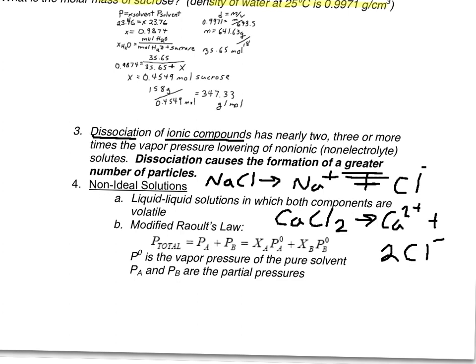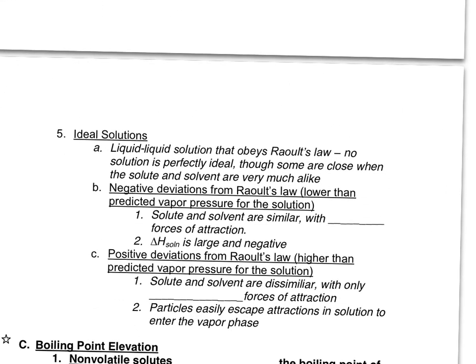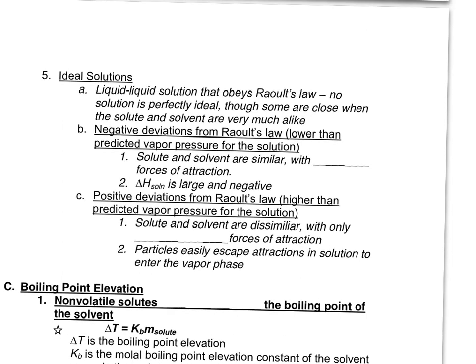The next section talks about non-ideal solutions. If you have 2 volatile solutions, so an alcohol plus water, the vapor pressures actually add together. An ideal solution is one in which Raoult's law is going to be obeyed, or where any colligative property is obeyed completely.